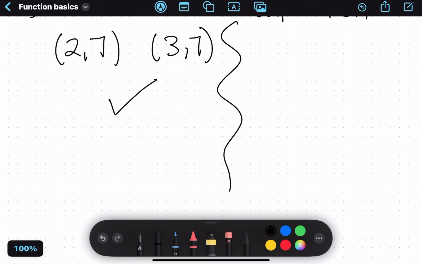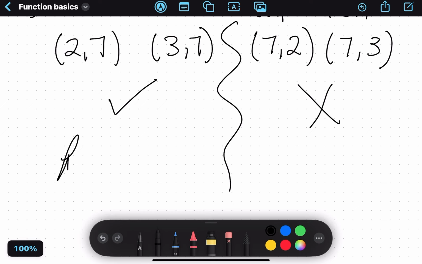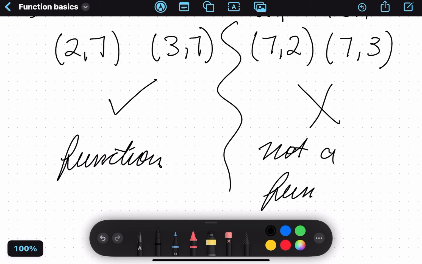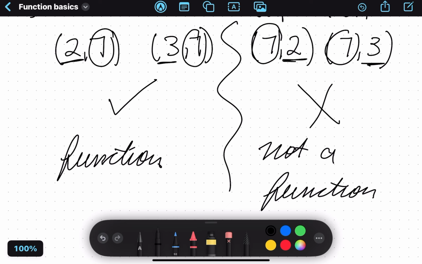However, the wrong example that I showed before would be (7, 2), (7, 3). This is not good. This is a function. This is not a function, right? Because the same x value has two different y values, but over here, two different x values have the same y value. So that's okay. So this is okay, but this is not okay.